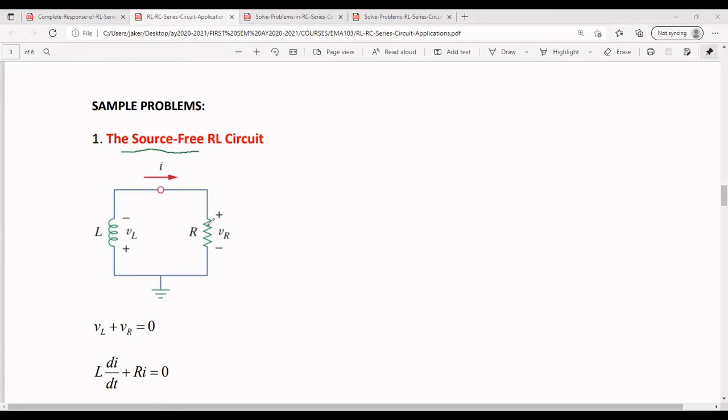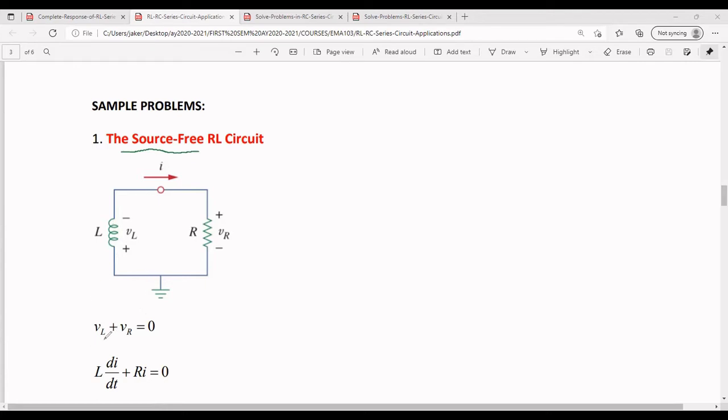Okay, in that case, you have here your inductor and you have here your resistor. Now, I missed mentioning in the model DE that I presented to you a while ago that our basis for that is Kirchhoff's voltage law. So we sum up the voltage drop across each circuit element in a particular circuit. In this case, this is an RL circuit only, so we sum up all the voltage drops across our circuit elements.